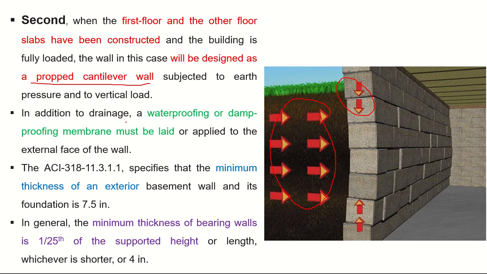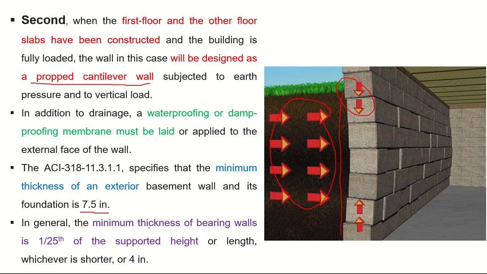In addition to drainage, a waterproofing or damp-proofing membrane must be laid or applied to the external face of the wall. This is the external face. ACI 11.3.1.1 specifies that the minimum thickness of an exterior basement wall and its foundation is 7.5 inches.